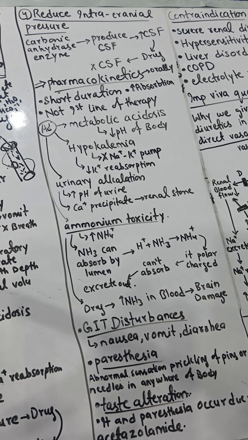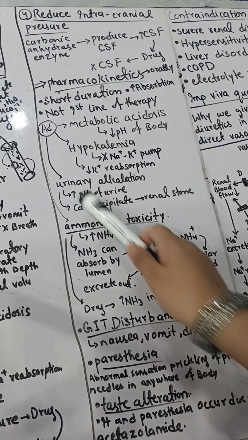As a result, more and more potassium is excreted out of your body. If the potassium moves out of your body, then there is hypokalemia. So the potassium concentration inside your body will decrease, and as a result you will face the hypokalemia situation.